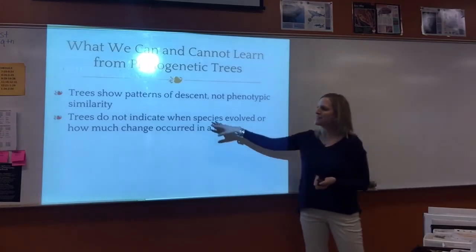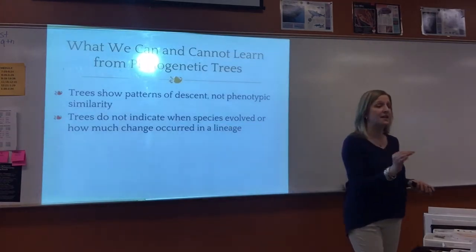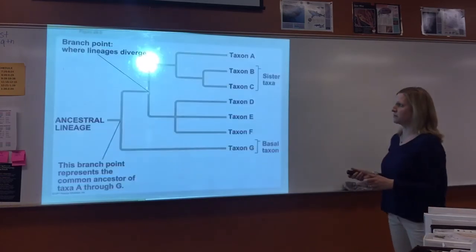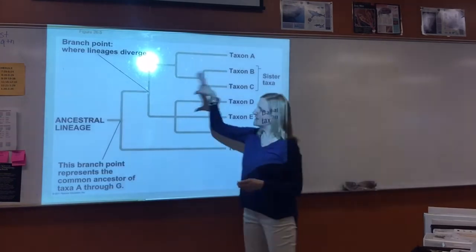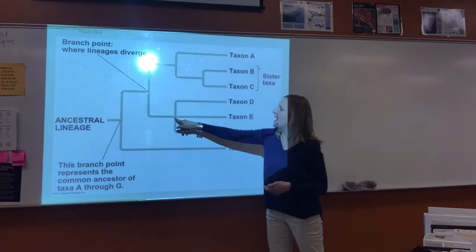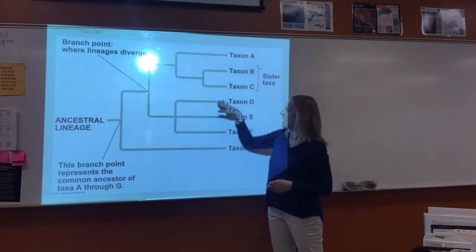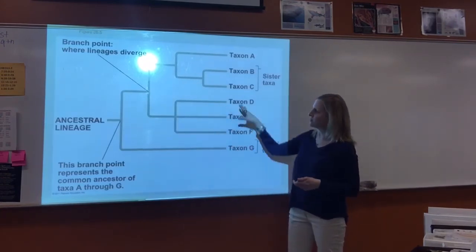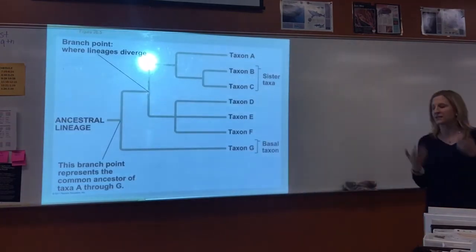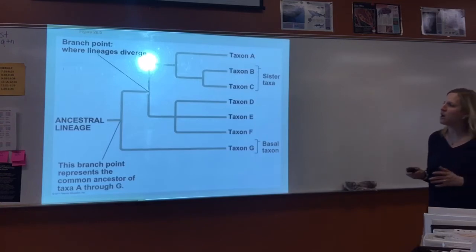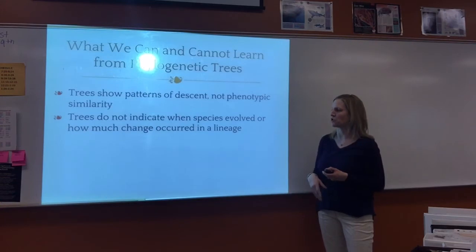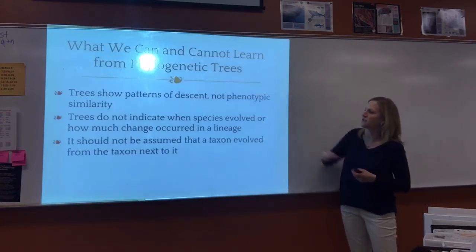Unless the tree specifically says that the lines represent time, we can't tell exactly from this tree when the divergence happened. We can't really make that assumption unless they tell us. Also, with the genetics, how much change occurred in the lineage, we're going to talk about that in just a few minutes.